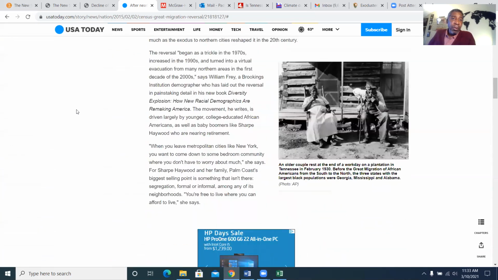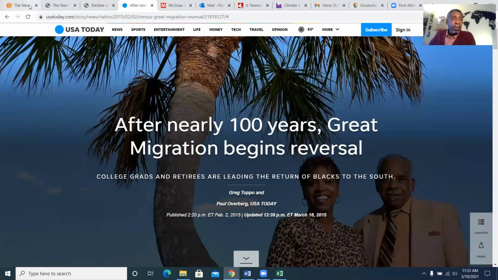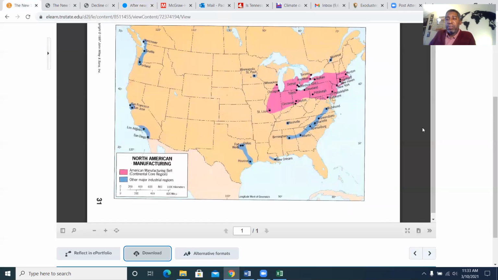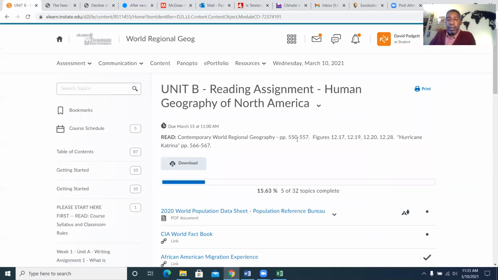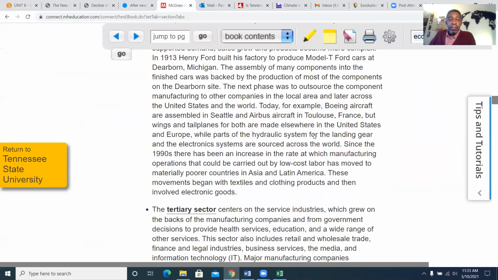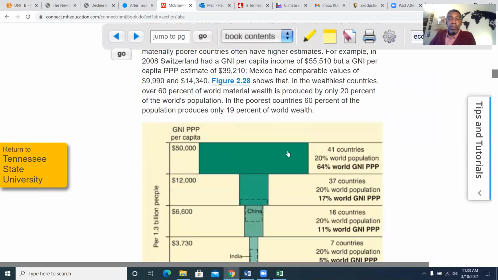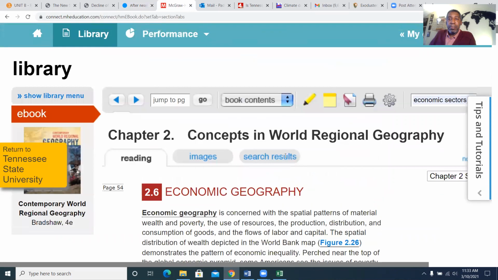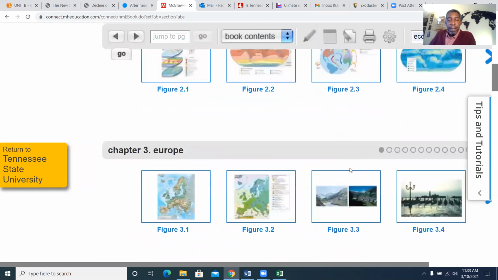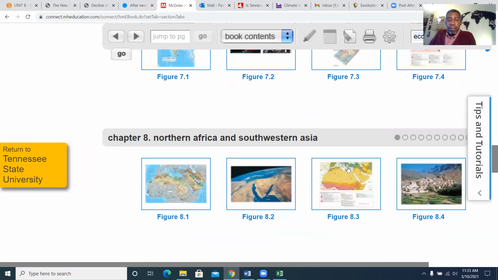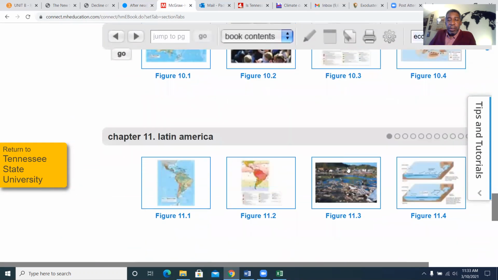So internal migration is, again, a pretty fascinating topic that we are looking at in terms of African Americans. And so that was the Great Migration.